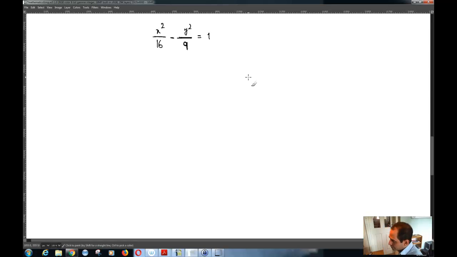We said that we had two forms of standard equations of hyperbolas. The forms that we derived were x squared over a squared minus y squared over b squared is equal to 1.